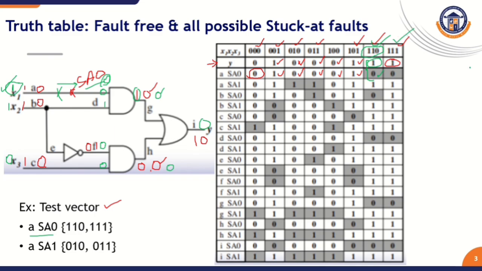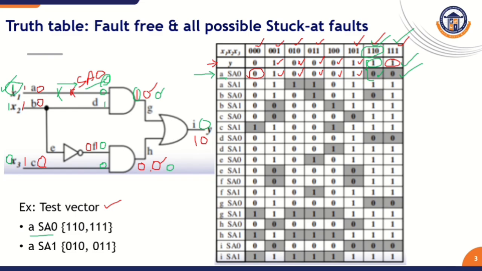When we apply this input combination to this circuit, our original response, that is the fault free response, is 1, but our faulty response is 0. So both outputs are different. Automatically this also comes under a test vector to find stuck at 0 at the A line.